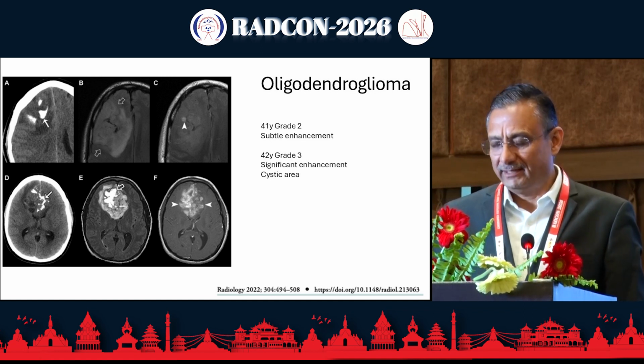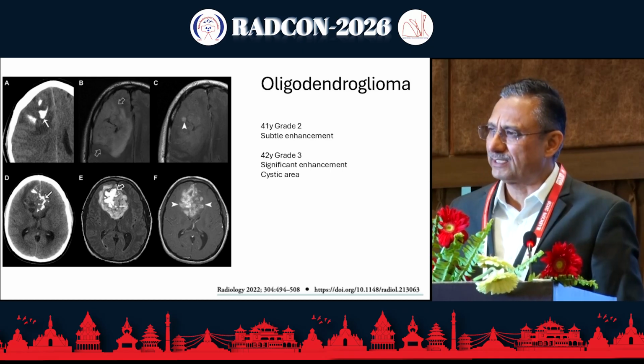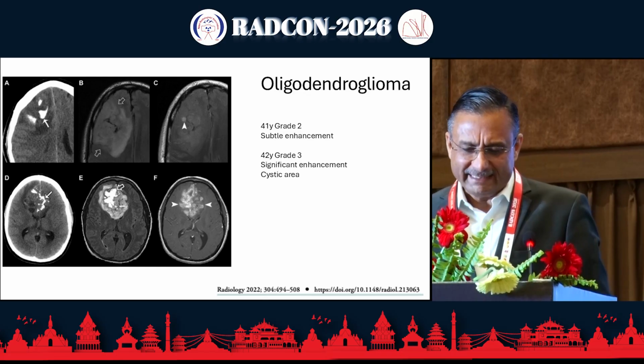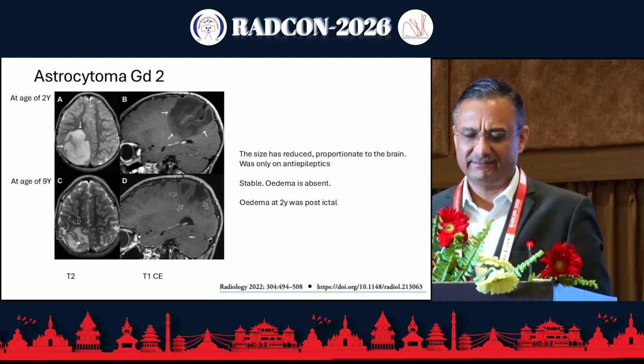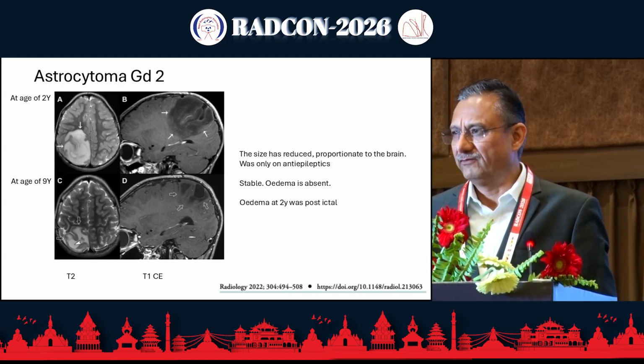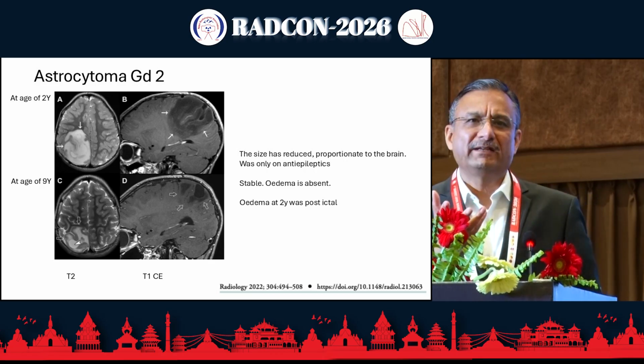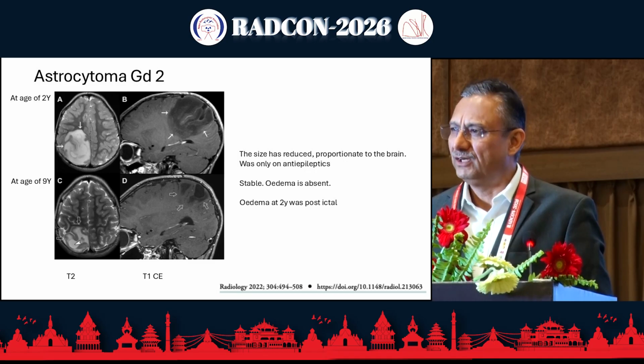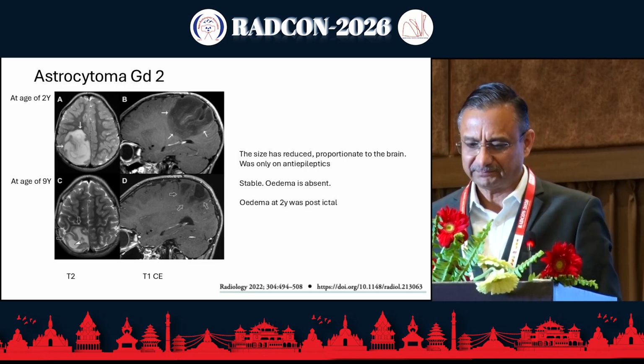Though we have SWI which can give the answer, but CT scan is the easiest to understand, and just a non-contrast CT scan, you have to do it only once. So if you see this kind of a calcification, very difficult to describe when you already have an image over there. You see this kind of a calcification, please think in terms of oligodendroglioma.